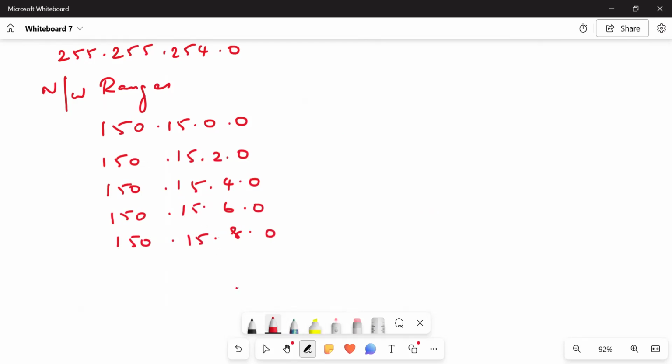All these are subnets: first subnet, second, third, fourth subnet.